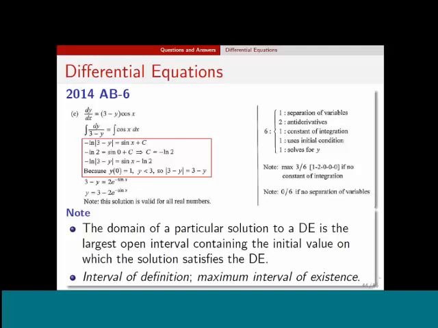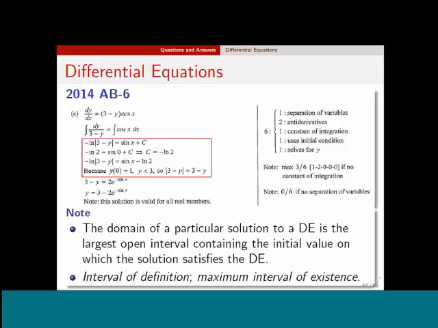So down at the bottom here, maybe a little bit better explanation, the domain of a particular solution to a DE is the largest open interval containing the initial value on which the solution satisfies the DE. Some people call this the interval of definition or the maximum interval of existence.